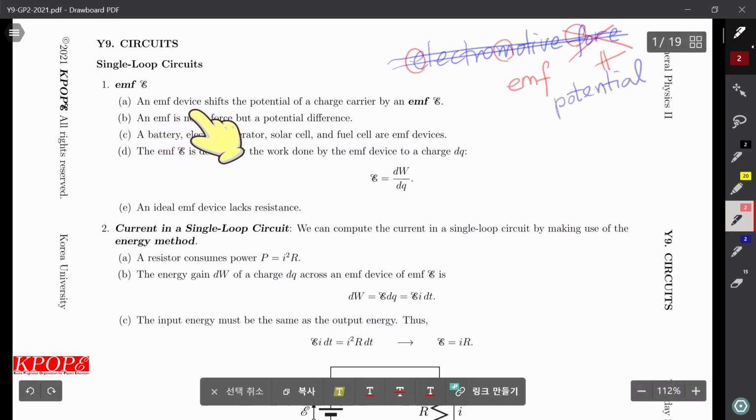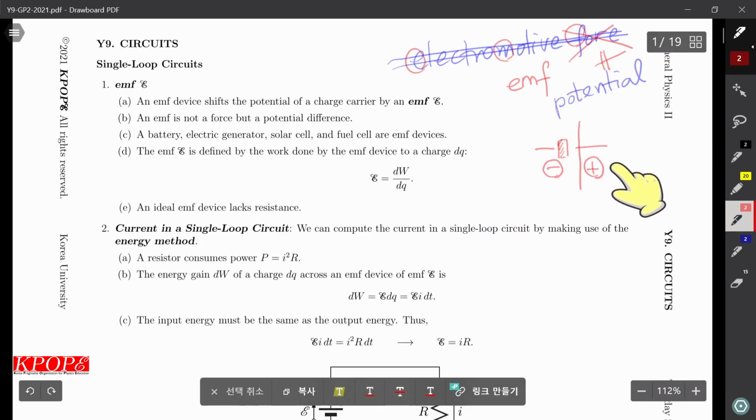An EMF device shifts the potential of a charge carrier by an EMF. This is negative, this is positive.